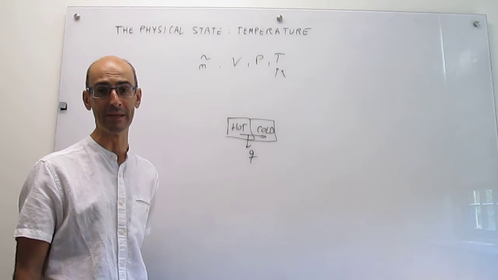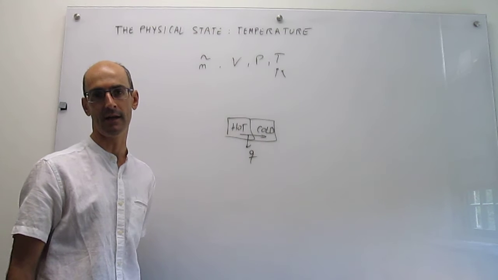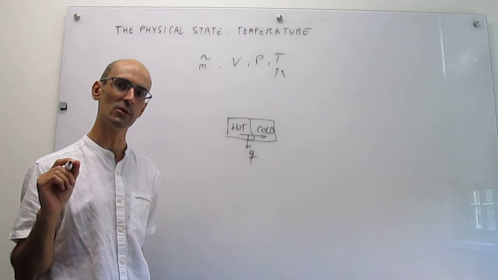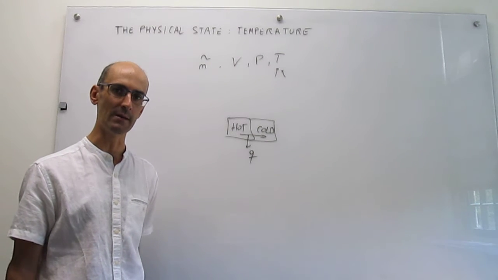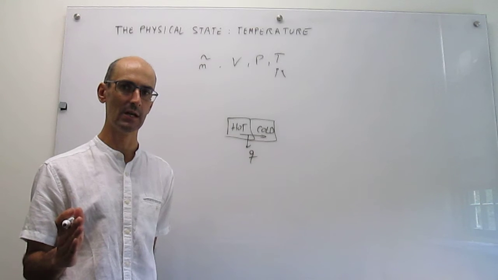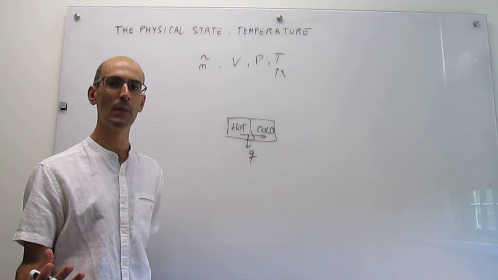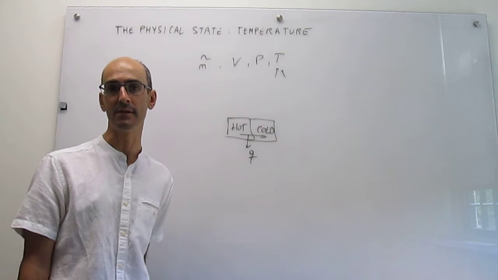This will be heat, and we're going to be using the lowercase q to signify heat. That is going to be the operational definition of temperature in thermodynamics. It's simply a signpost that tells you the direction of energy transfer as heat when you put into contact two objects that are at a different temperature.